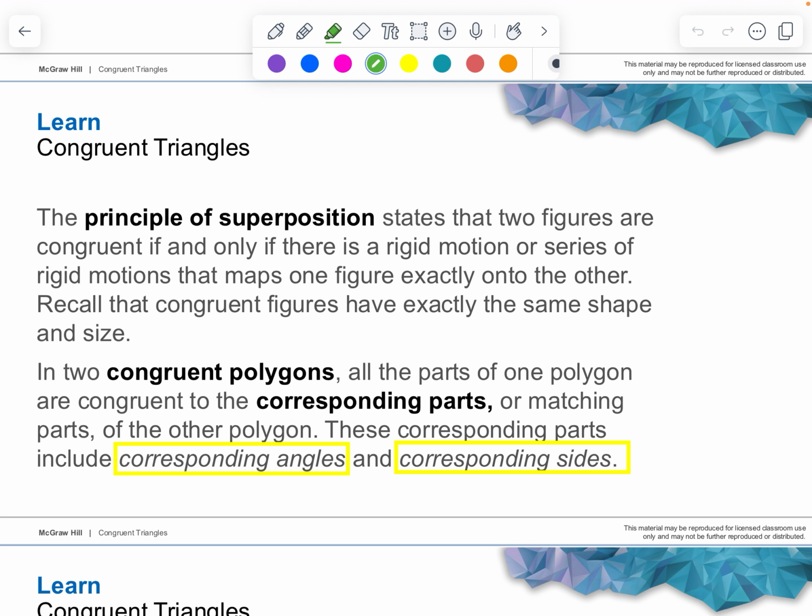Then the next one says, in two congruent polygons, all the parts of one polygon are congruent to the corresponding parts, or matching parts in the same location, of the other polygon. These corresponding parts include all of the corresponding angles and the corresponding sides.